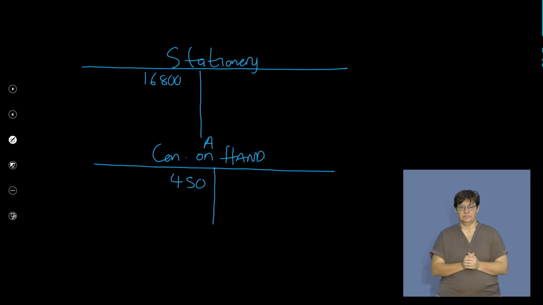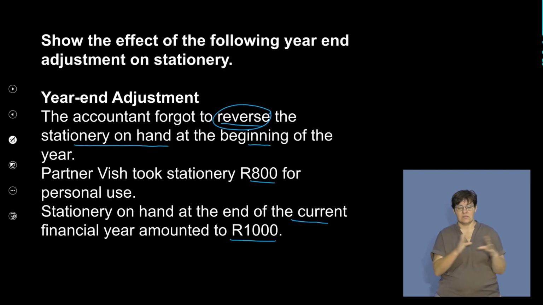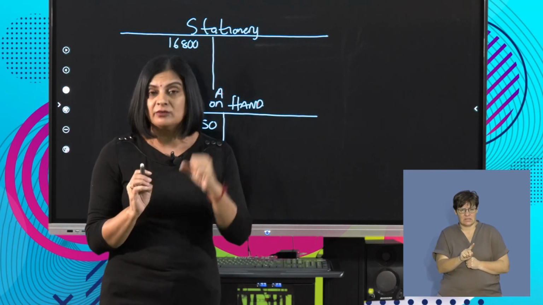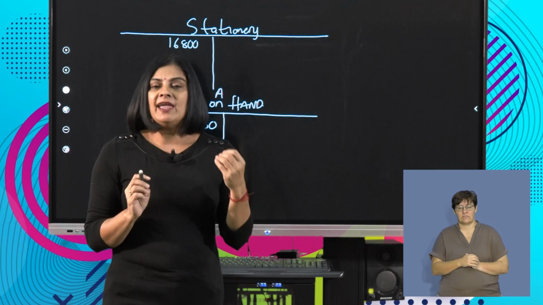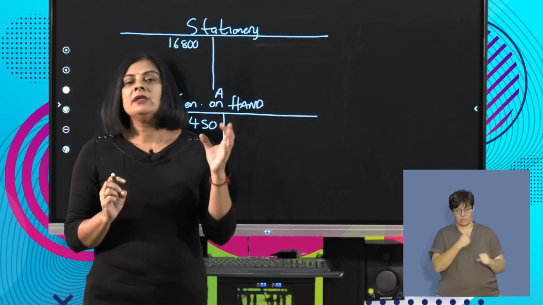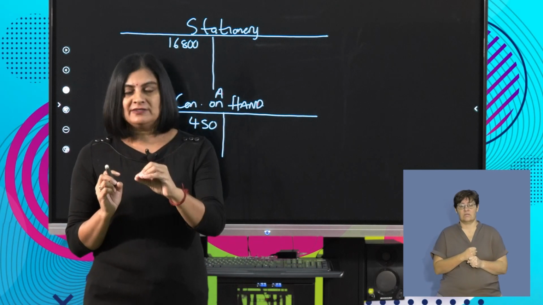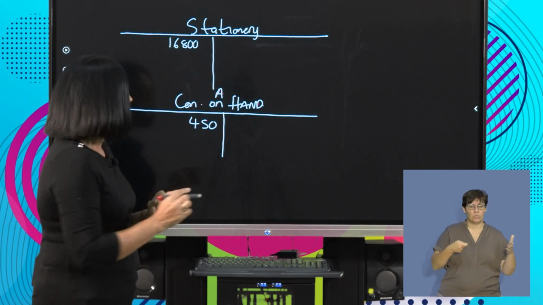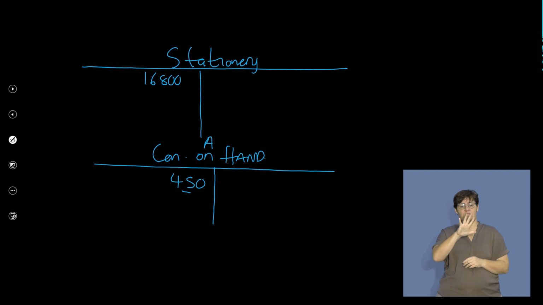16,800. Right, so let's start with our very first adjustment where the accountant forgot to reverse the stationery on hand at the beginning of the year. Now, what does this mean in very simple terms? At the end of last year, there was unused stationery, probably locked away in the cupboard or in the storeroom, amounting to 450 Rand.